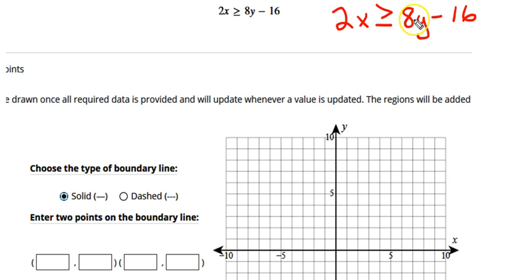I want to see y is positive, too. It is positive here. So I'm going to transpose this part and go 2x plus 16 is greater than or equal to 8y. Just taking this term, transposing it, just change the sign. Now to solve for y, I'm going to divide everything by 8.